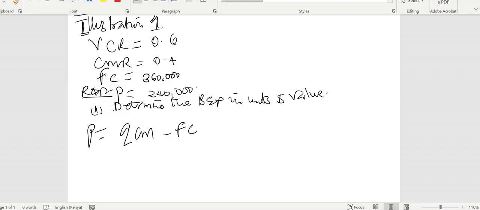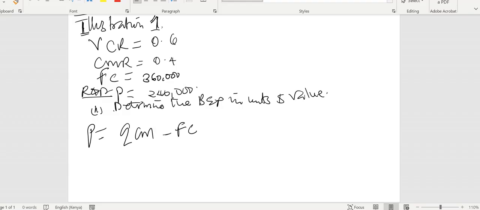The question gave us the variable cost ratio of 0.6. So whatever remains, 0.4, becomes the contribution margin ratio.